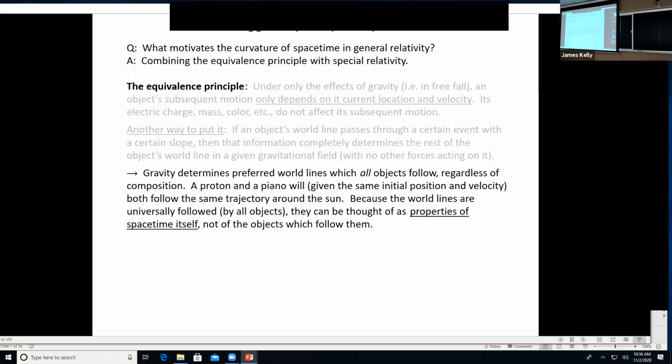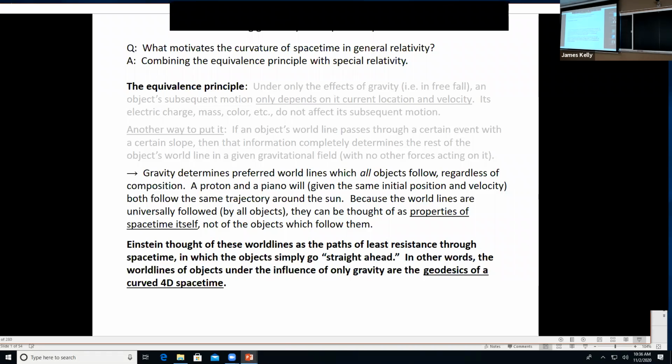So it seems like the path it's following is determined by space-time itself and not the objects that are following through it. Okay? So Einstein is thinking that the world lines are the paths of least resistance.